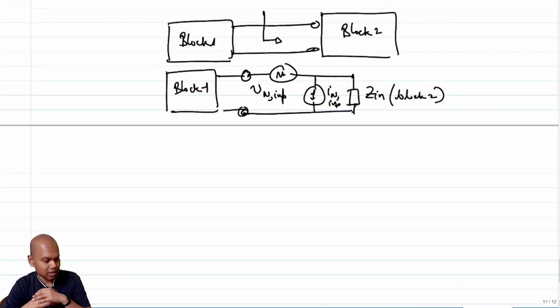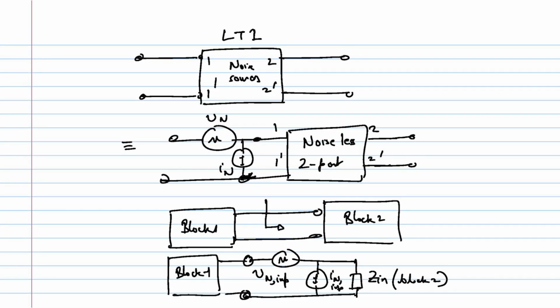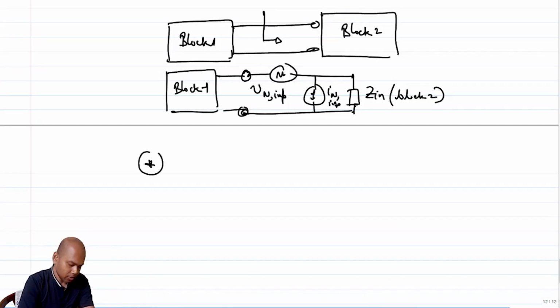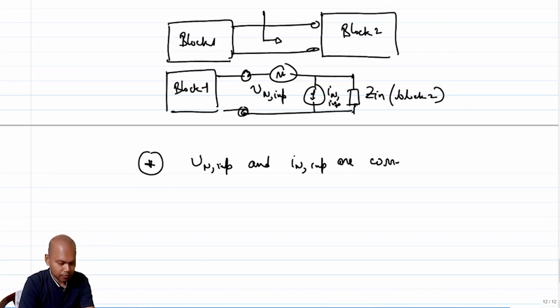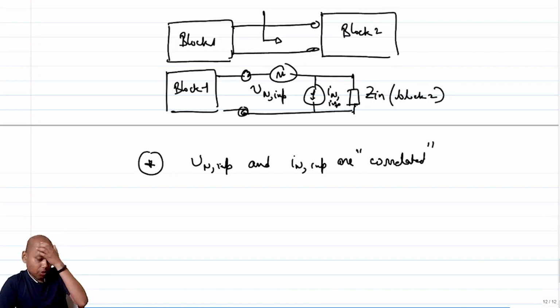Before we stop this lecture, an important caveat to understand is that VN INP and IN INP are correlated. They are not uncorrelated. Because they are correlated, when we do noise analysis, ideally we should not be treating them separately and adding their powers up as we used to do earlier.